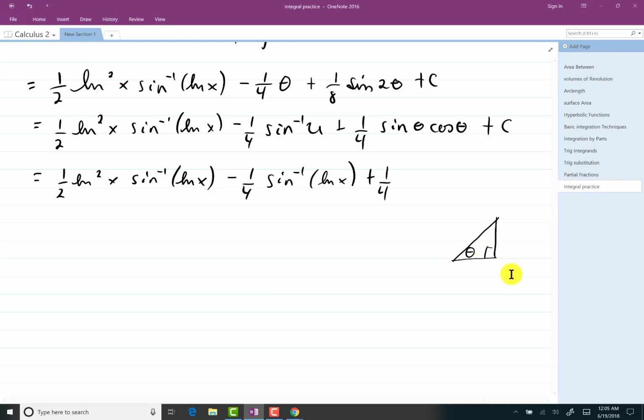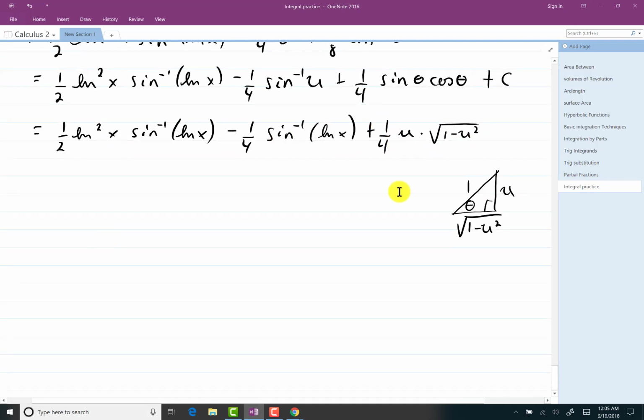Sine of theta is opposite over hypotenuse. So sine of theta was u, so that's u over 1. That makes the other side the square root of 1 minus u squared. So the sine of theta, as we already said, was u. And then cosine of theta is adjacent over hypotenuse, so that's the square root of 1 minus u squared. And then u, of course, was ln of x.